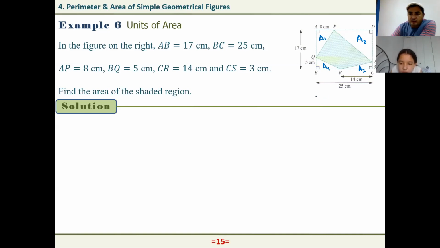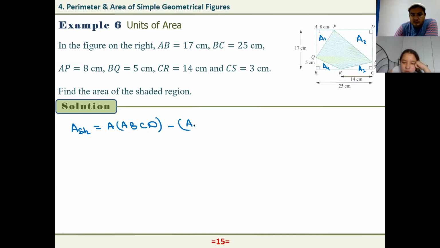So the area of the shaded region is equal to the area of the rectangle ABCD minus the area of this plus this plus this plus this, that is A sub 1 plus A sub 2 plus A sub 3 plus A sub 4.